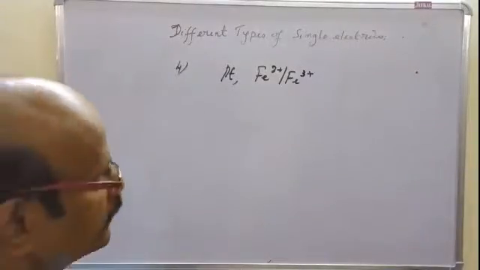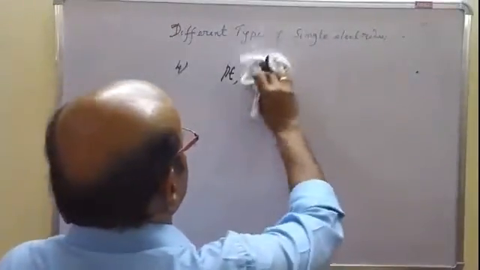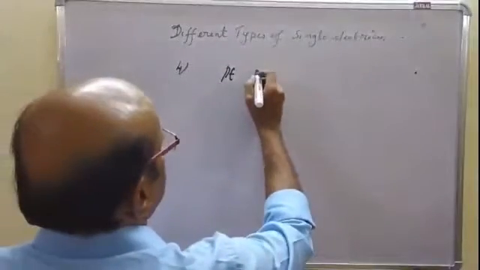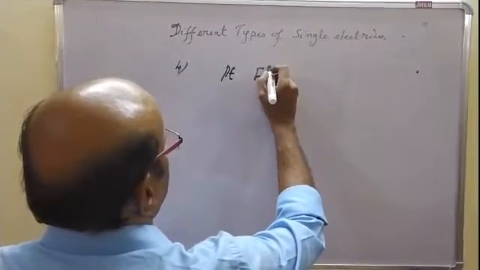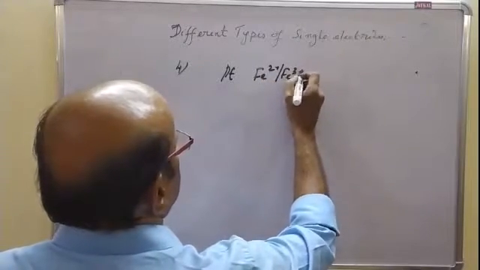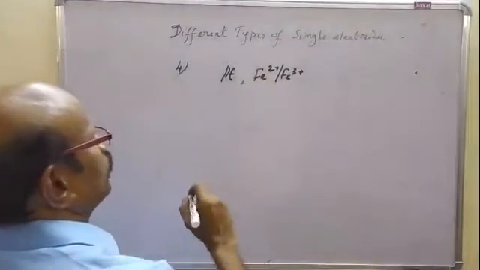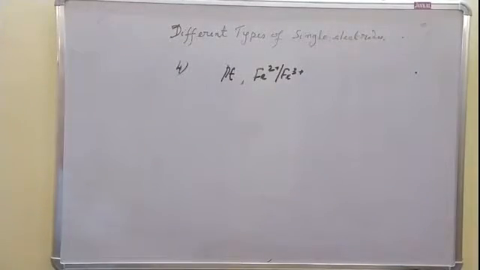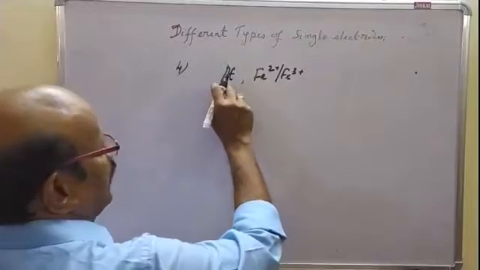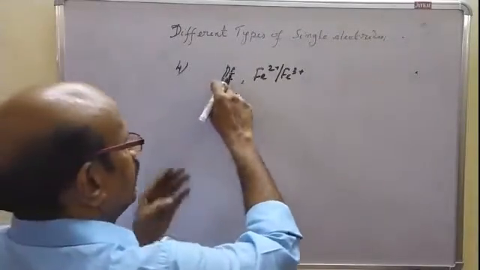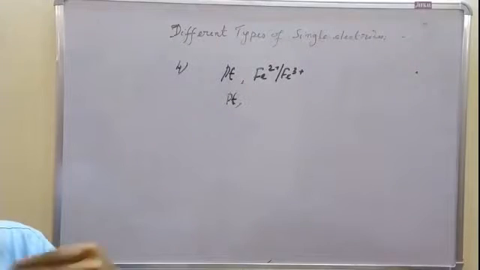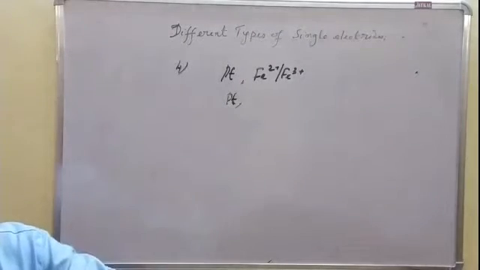Suppose we have a salt solution containing ferrous and ferric in contact with each other like this. It's an example of a redox electrode. Similarly, platinum, an unattackable inert electrode, is dipped into an aqueous solution of a metal salt having two different valencies.